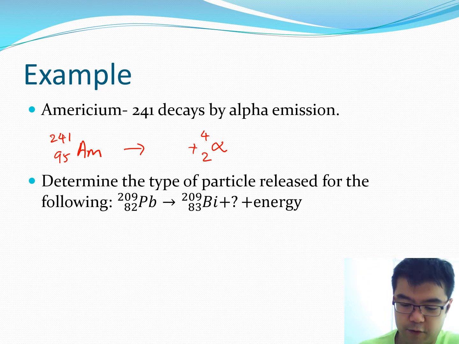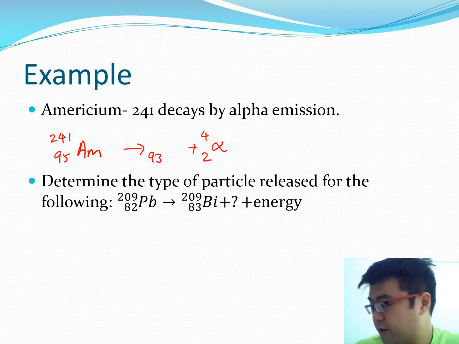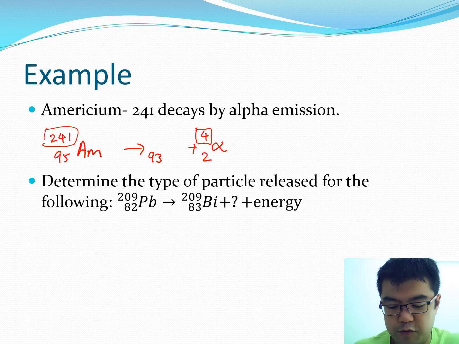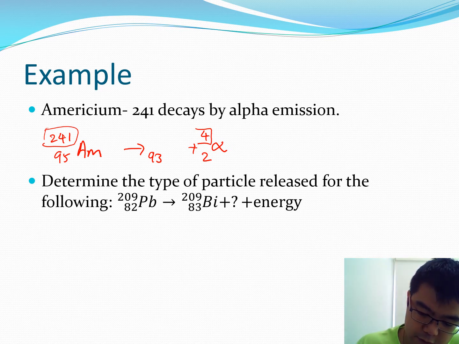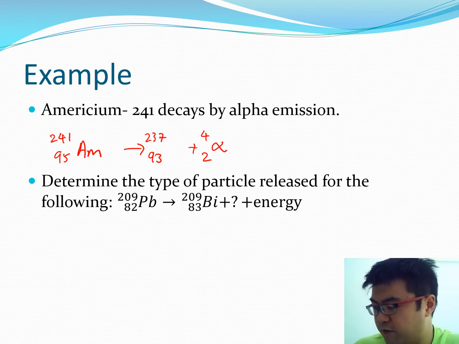Now because we're going to lose 2 here, if you have a look, 95, we're going to lose 2 here. This becomes 93 on our atomic number. And then if you look on the top, you have 241, and then we're going to lose 4. Because we're going to lose 4, 241 minus 4 becomes 237.